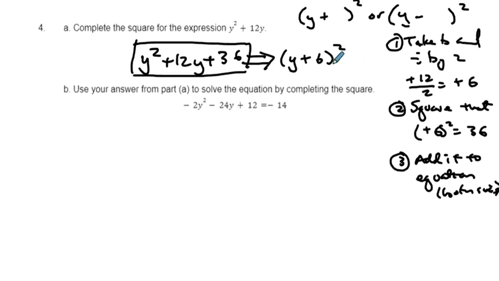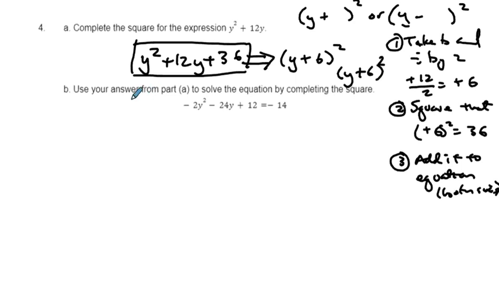Remember, it's your variable, the sign here, and then the square root of this, or your result from here, plus 6, and you square that. That's how you get y plus 6 squared.